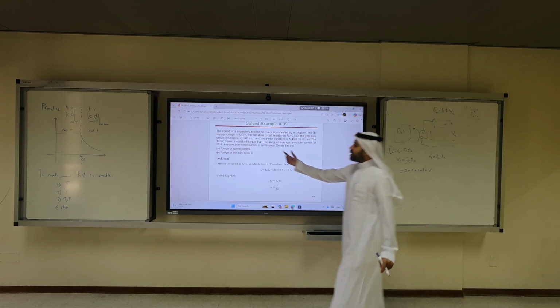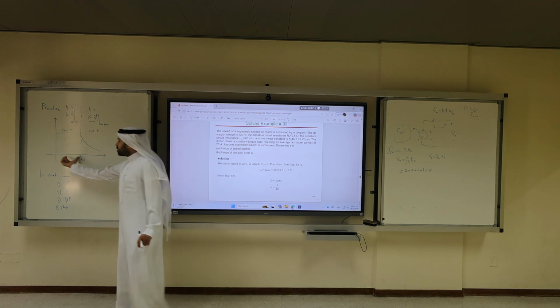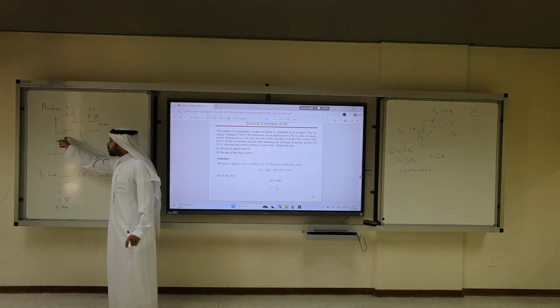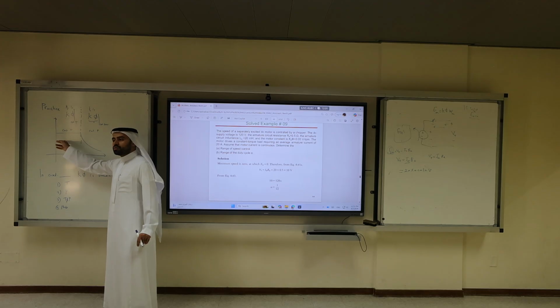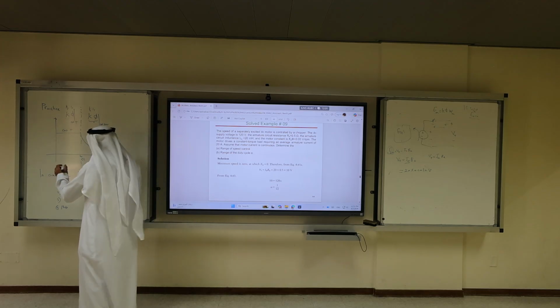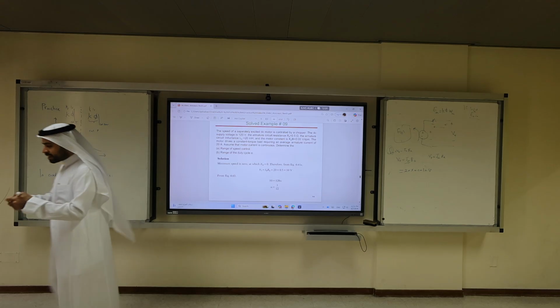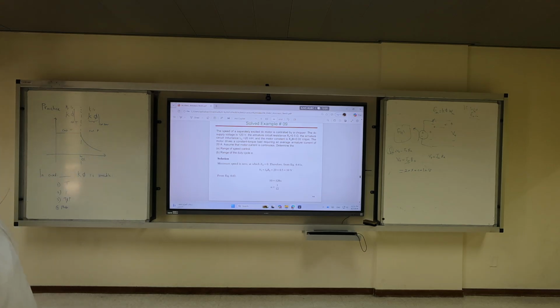Remember, now in this region, to do constant torque, what is the requirement? Change the voltage. So if I want to draw the voltage, let me use another color. We will start with what? 10 volts. And we keep increasing until I reach here, where I have to arrive to what?